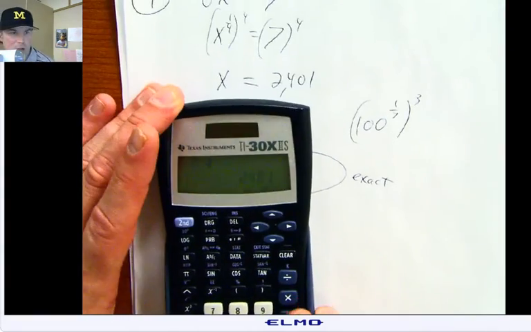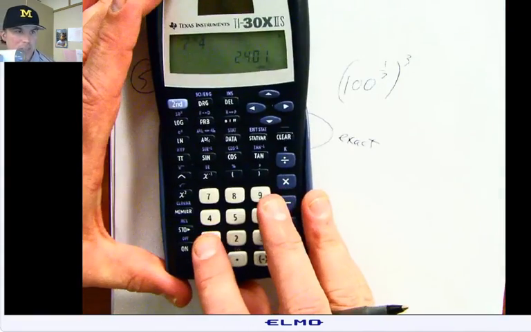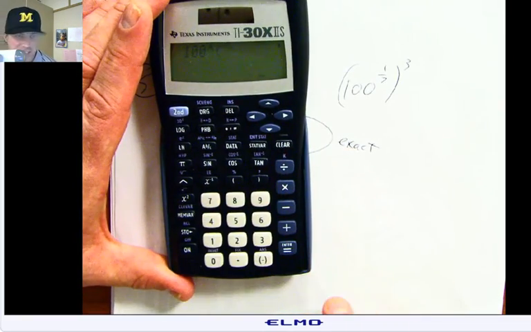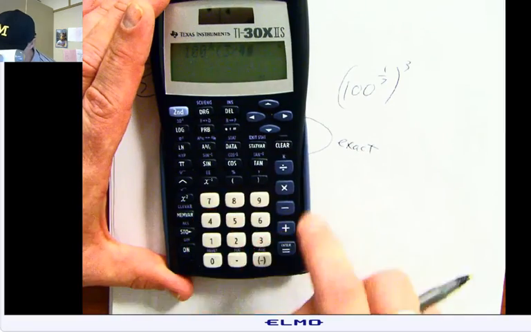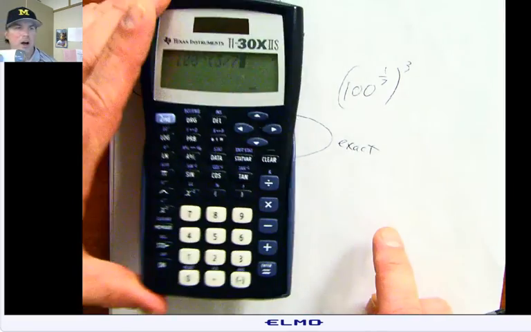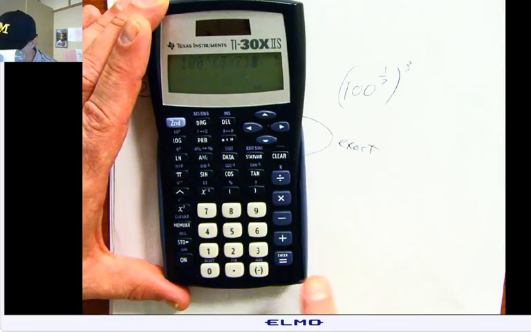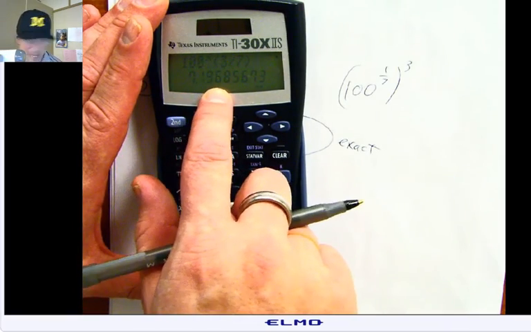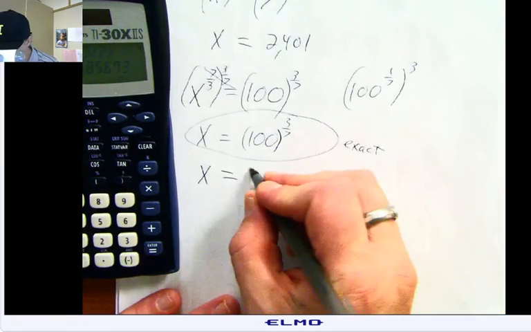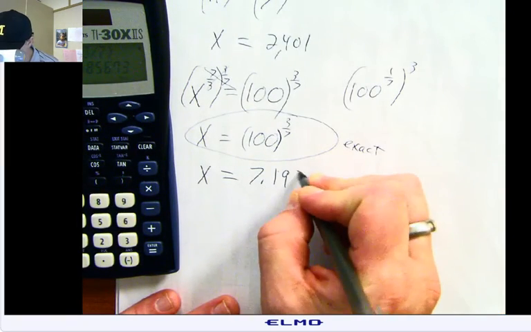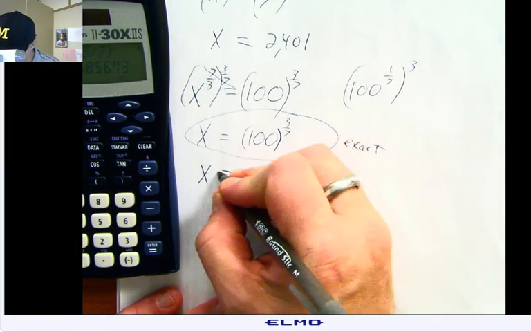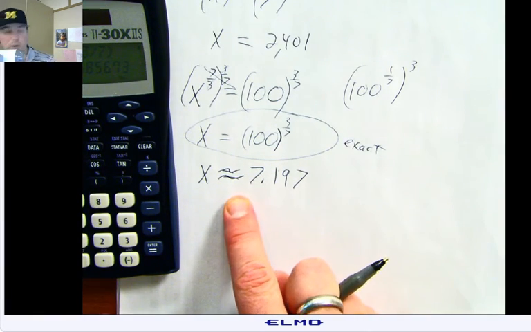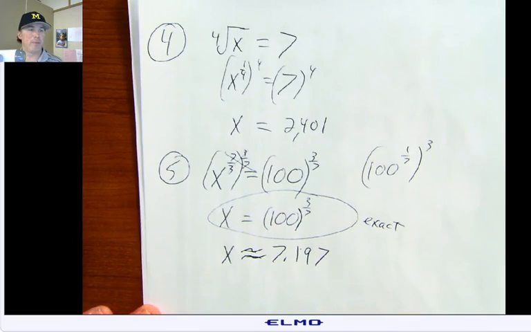So if we do that, you go 100 to the, use parentheses, 3/7, close parentheses, and I got 7.197. And I guess because it went to a decimal approximation, I should say it's approximately 7.197. And that's example 5.